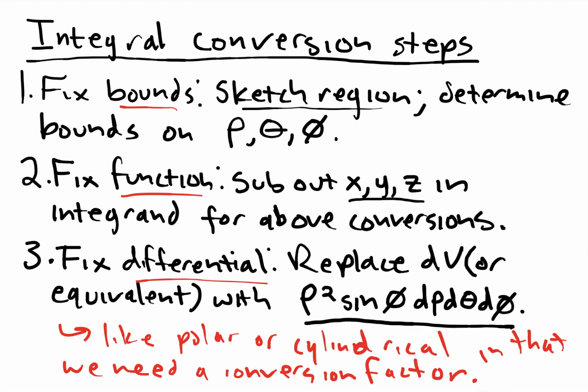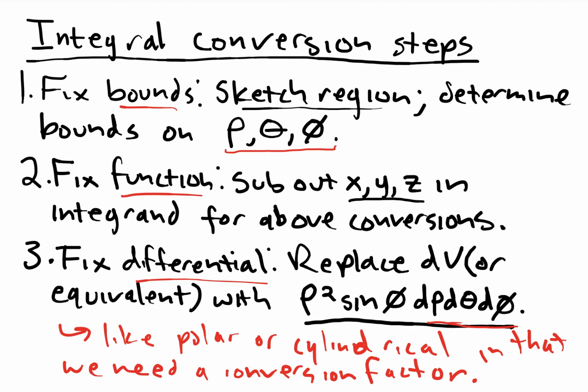When we go to rewrite a triple integral, we're trying to replace dv. V stands for volume. Hopefully, if you think about it, multiplying your distance to the origin by 2 angles isn't necessarily going to directly give you a volume back. So you shouldn't expect that d rho d theta d phi automatically equals dv. It doesn't. That's not how you compute a volume differential. The factor that we have to convert by to compensate for that is going to be this term.